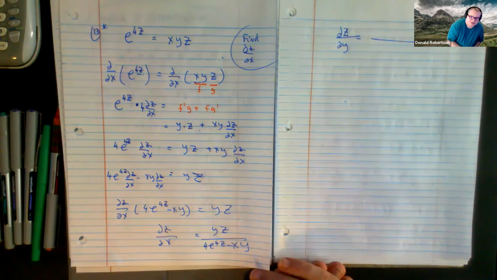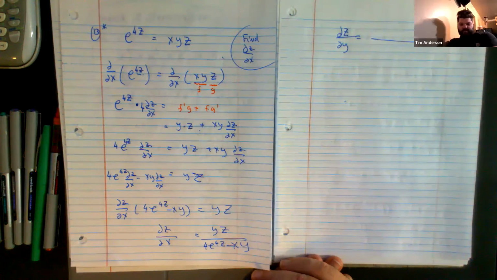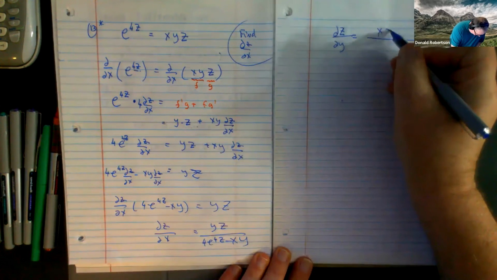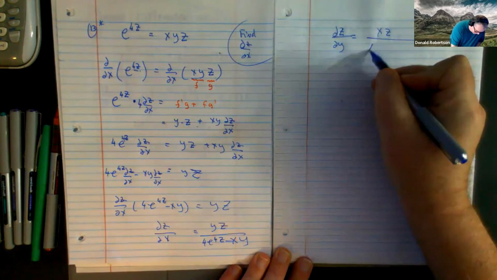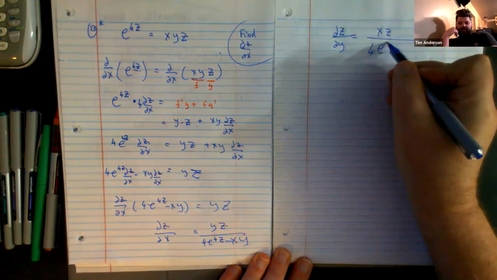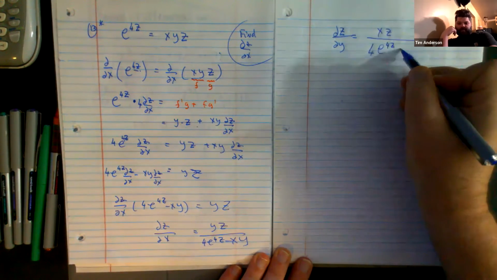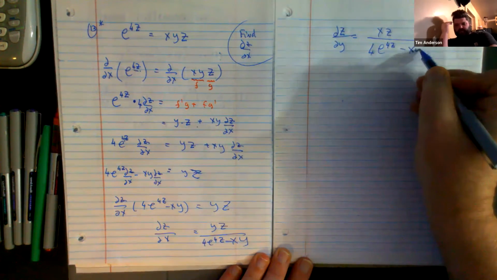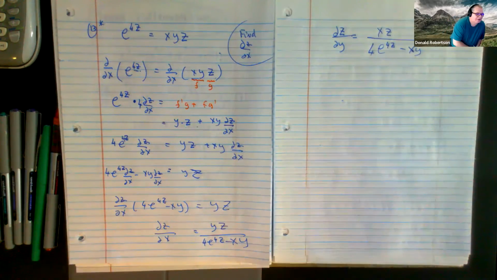Any takers on that one? X. How did you know it was? Right, okay. XZ over 4 e to the 4z minus xy, or yx. Or yx, but it's the same thing really, right?